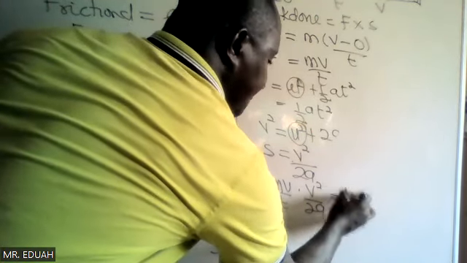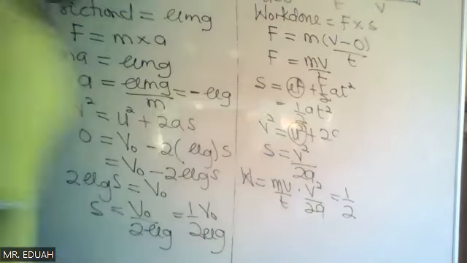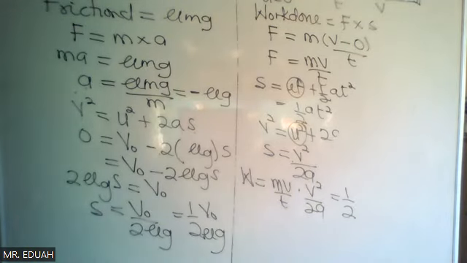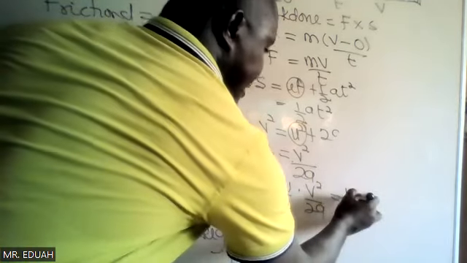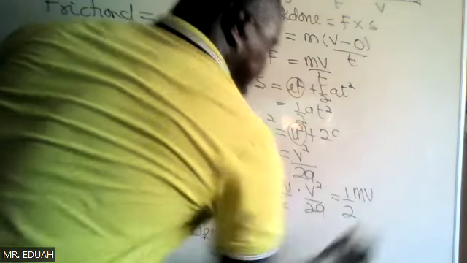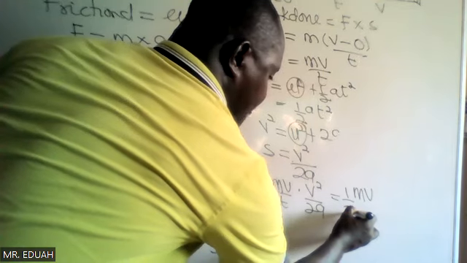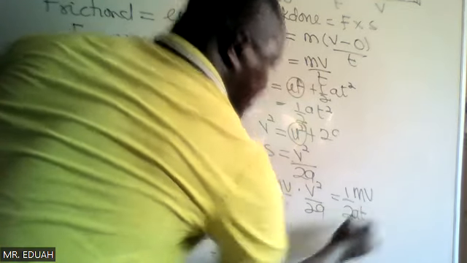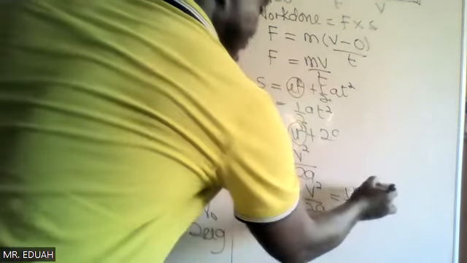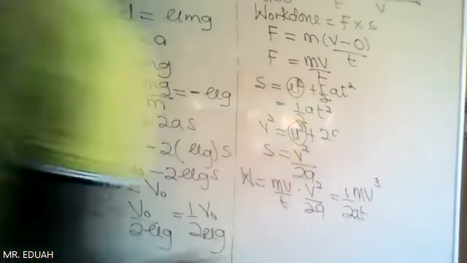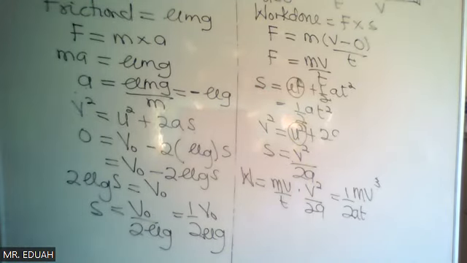So we have half mv half t, half at mv cube. Let's get an expression for a.